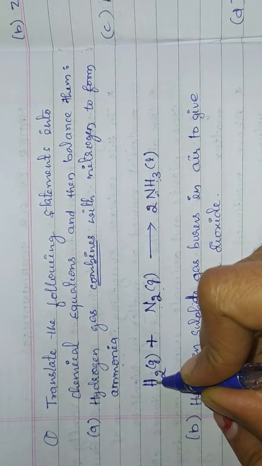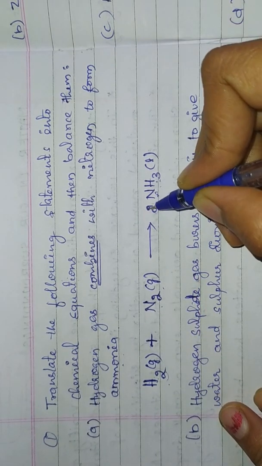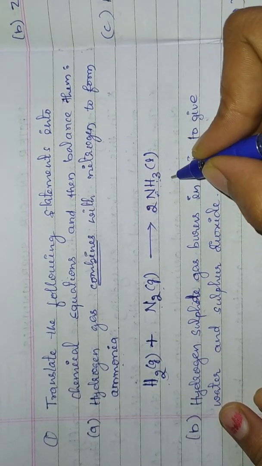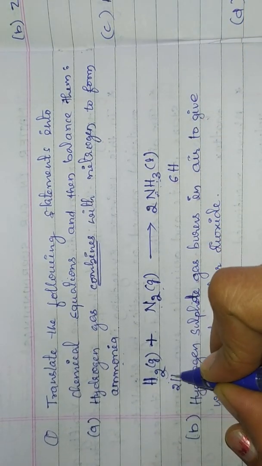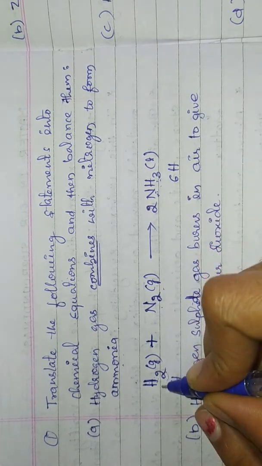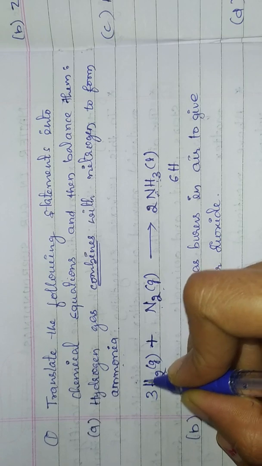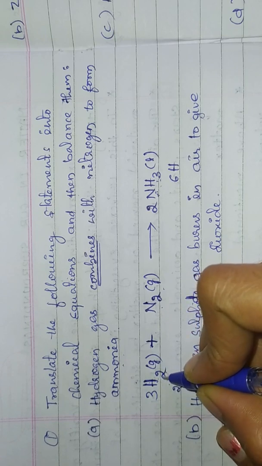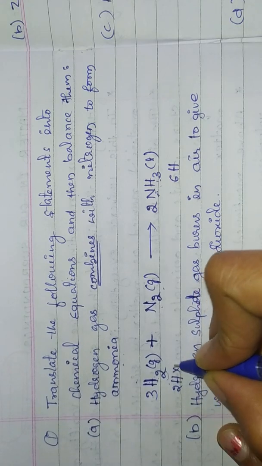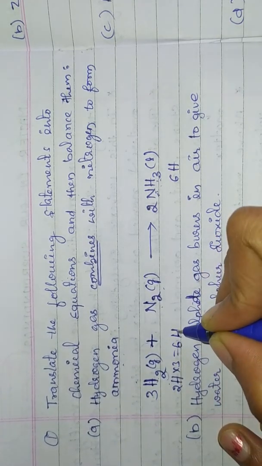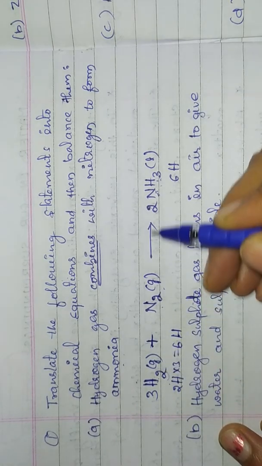In reactants 2 hydrogen atoms are present, but on the product side 2 into 3, a total of 6 hydrogens, are present. So we have to multiply by 3 before the hydrogen molecule, so that 3 into 2 becomes 6 hydrogens. Now we have balanced the hydrogen atoms on the reactant and product sides.